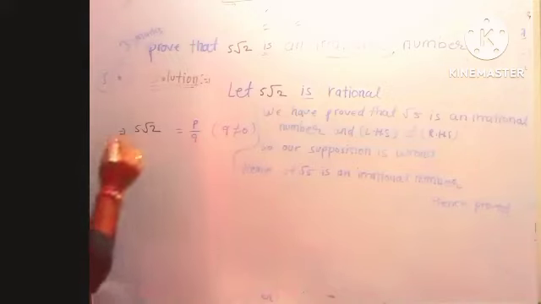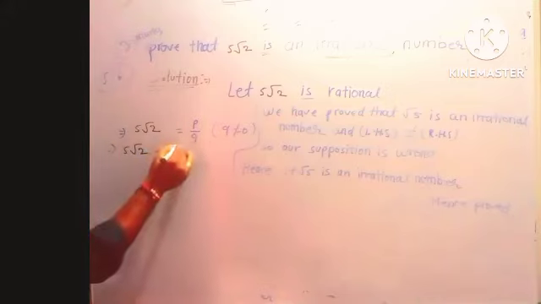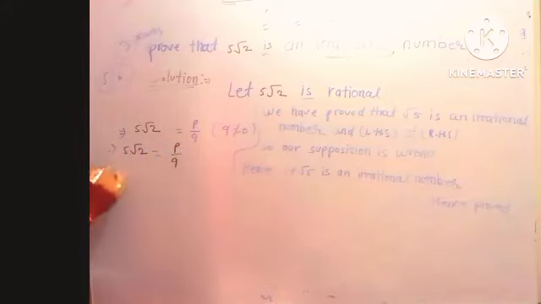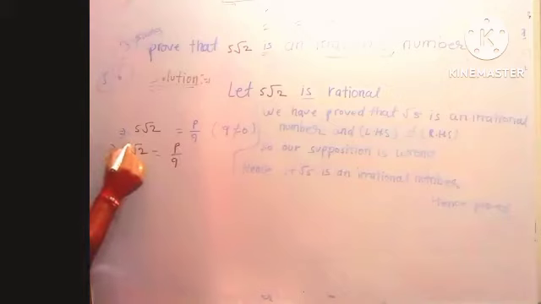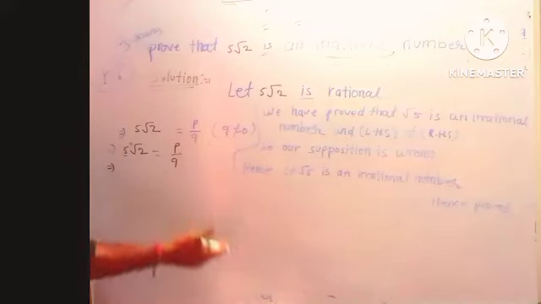Okay, let's solve the next step then. 5 root 2 is equal to p divided by q. When there is no sign between two numbers, like a normal number and a root number, that means multiply. And we know that after transposing, multiply gets converted into divide, and divide always goes down.